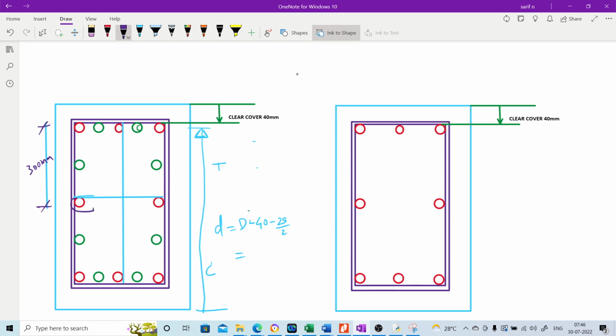So when we are providing cross ties, it will be something like this. Okay, and this will be the main stirrup. So these outer lines are the main stirrup. In addition, we are providing cross ties also. Okay, and this distance will be the h.